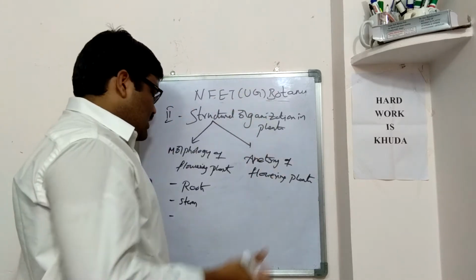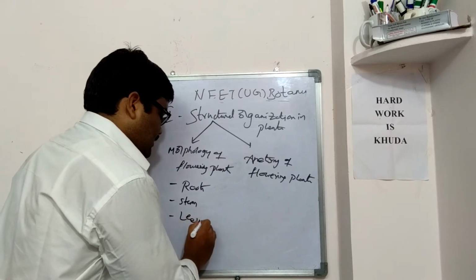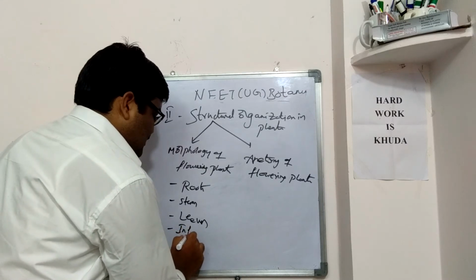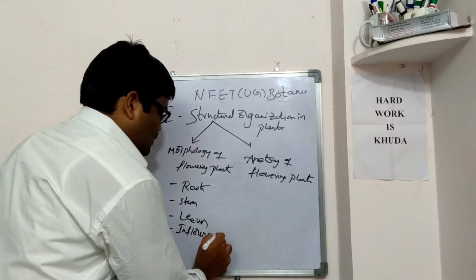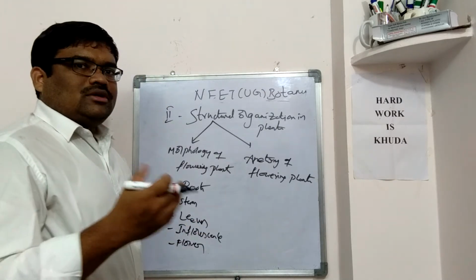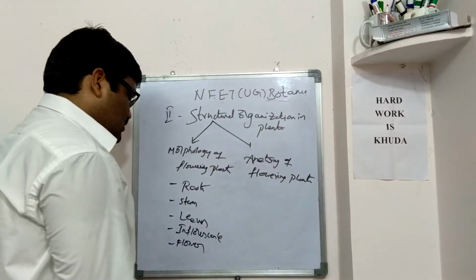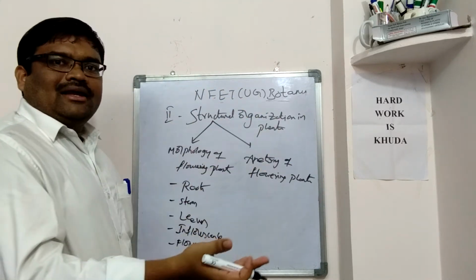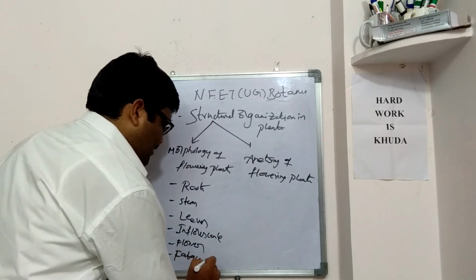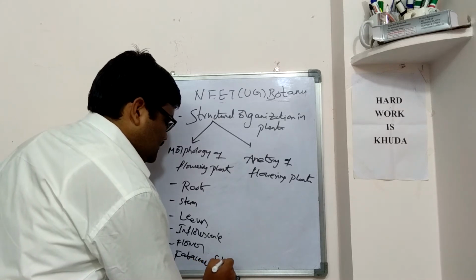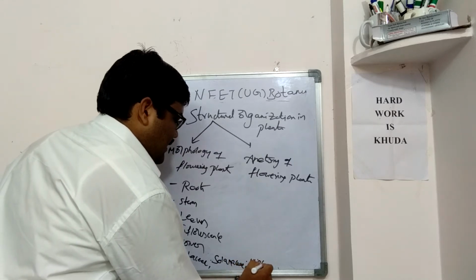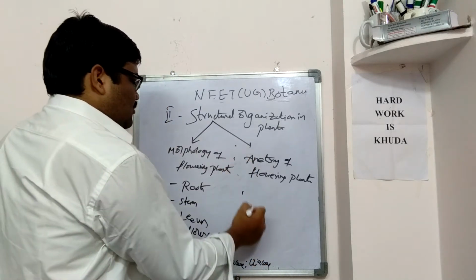That is a basic level, okay? Leaves, like what is phyllotaxy, venation, like that. Then inflorescence, flower, and apart from this, we have to discuss semi-technical aspects of a flowering plant, and also some important families like Fabaceae, Solanaceae, Liliaceae. These all come under morphology of flowering plants.